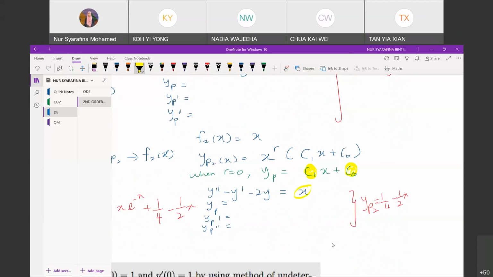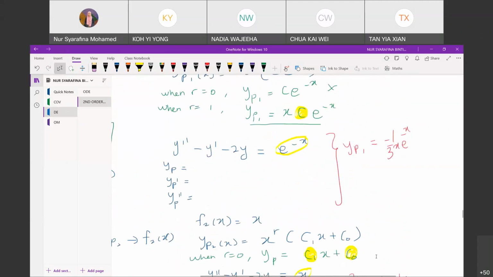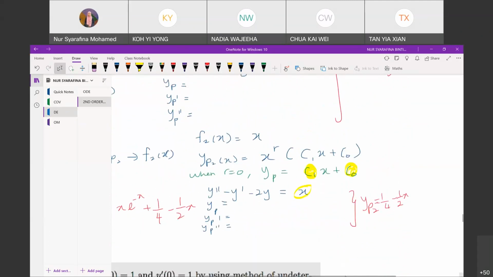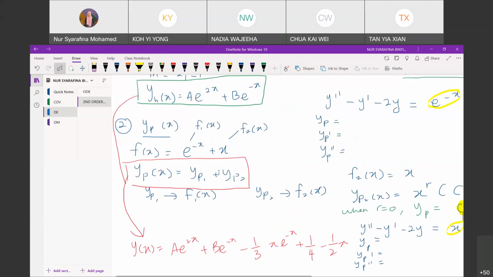The comparison should follow the function: yP1 compares with f1, yP2 compares with f2. Then once you obtain the constants, that is for yP1, that is for yP2, and combine. Your yP should be yP1 plus yP2, and then just combine yH and yP as your final answer.